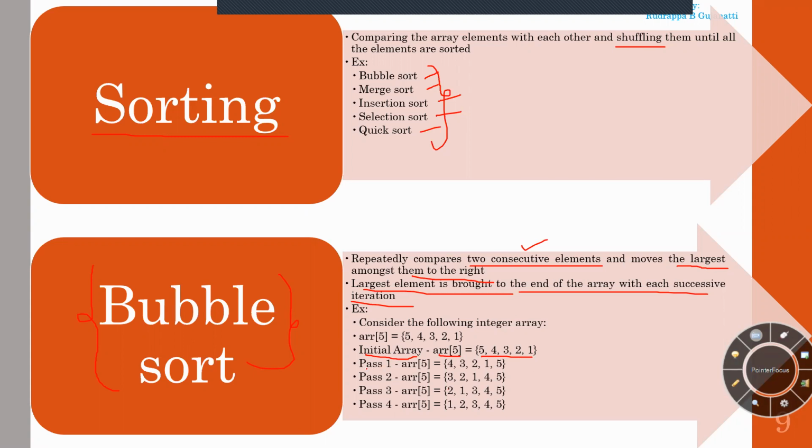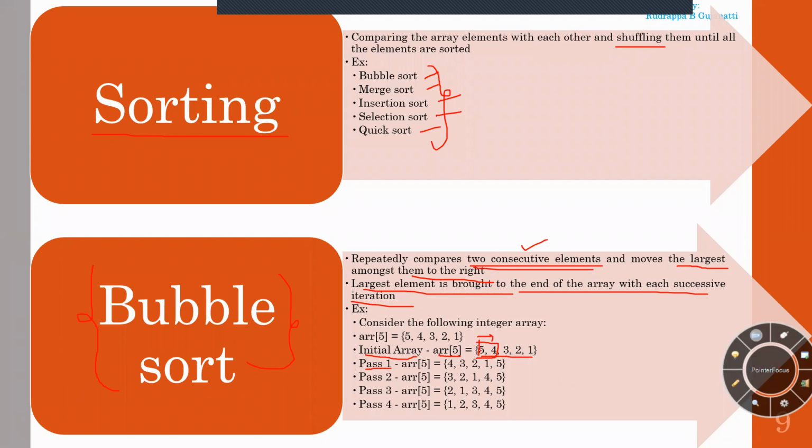In the first pass, 5 and 4 are compared. Two consecutive elements are being compared. Out of these two, which one is larger? That one will be moved towards the right. In this case, 5 is larger.